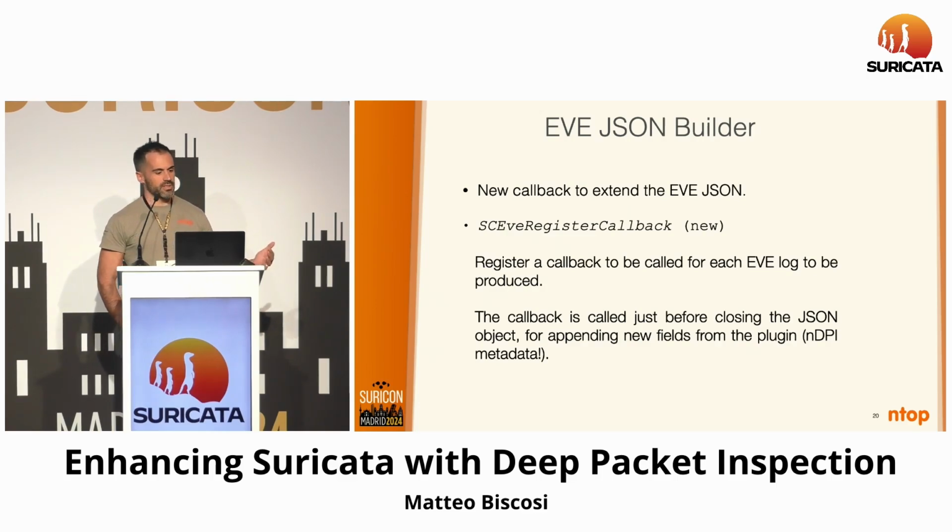And one more callback for adding the nDPI metadata in the Eve output. This is called just after the JSON object has been filled by Suricata, when it's time for nDPI to add additional metadata in this JSON.